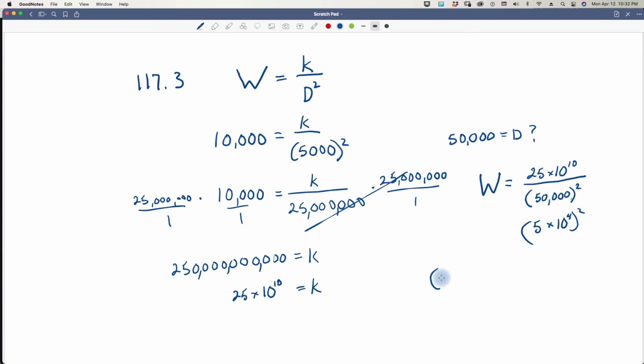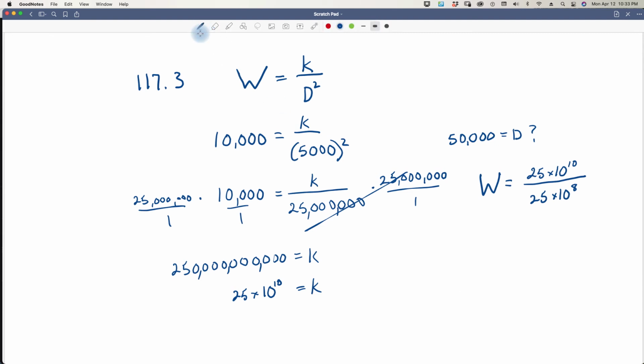Now when we square that, it goes 5 times 10 to the 4 times 5 times 10 to the 4, right? Do you see what I'm doing? I turned this into scientific notation, and we had to square it. So 5 times 5 is 25, and 4 plus 4 is 8. Okay, so we are going to replace this with our calculation, 25 times 10 to the 8.